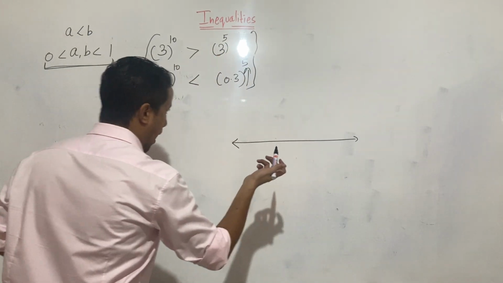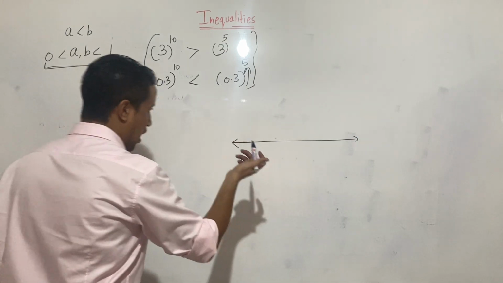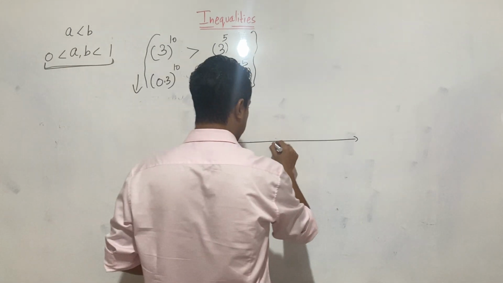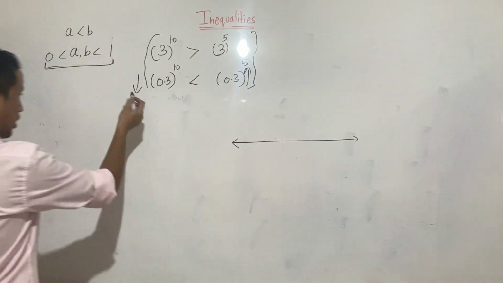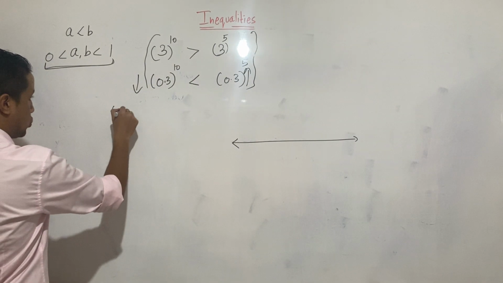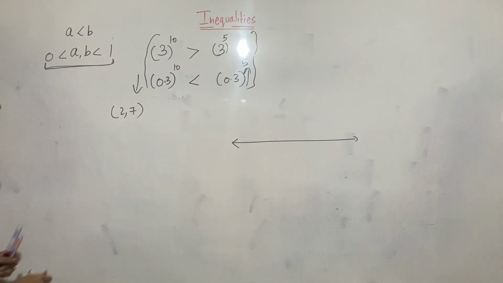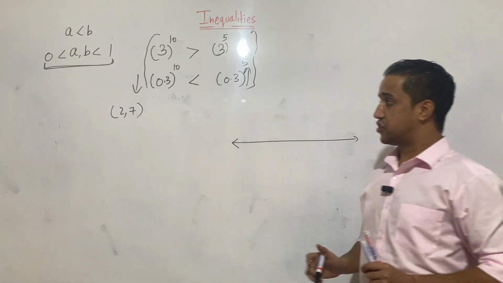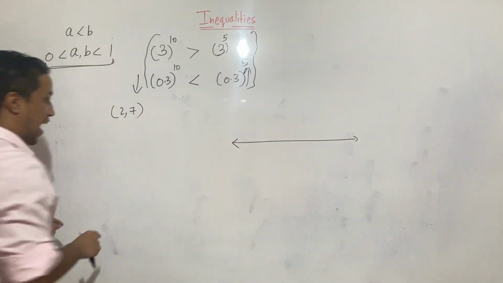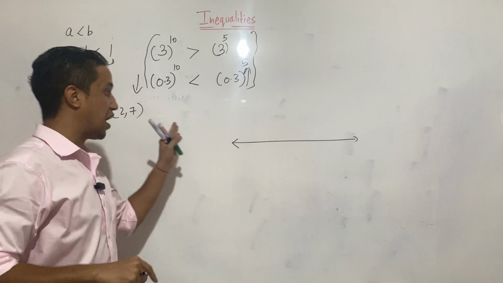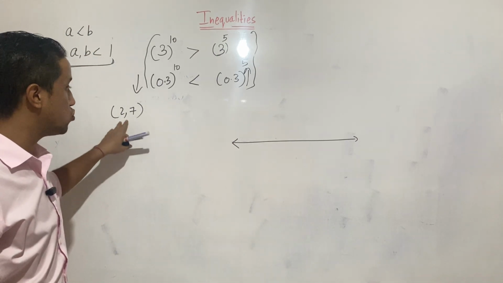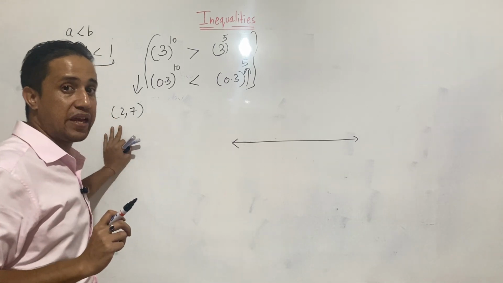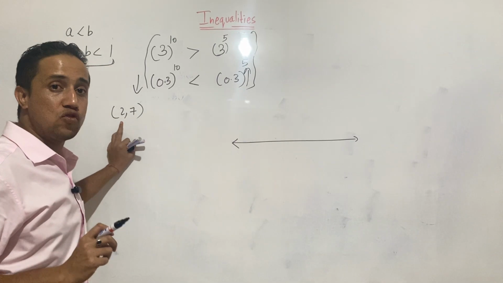Let's say this is my number line. Here, let's say I'm given this interval 2 to 7. I'm asked to find the values of x, but they are telling me you can take any value of x.